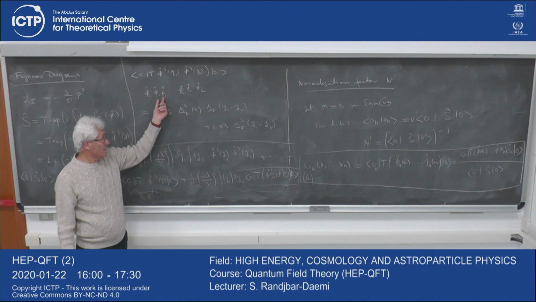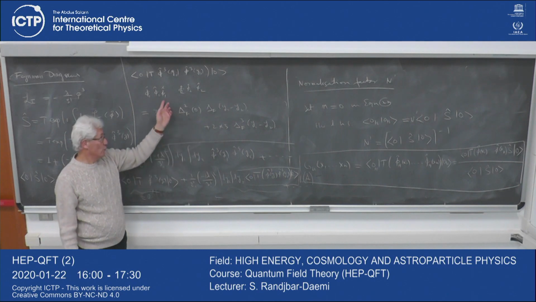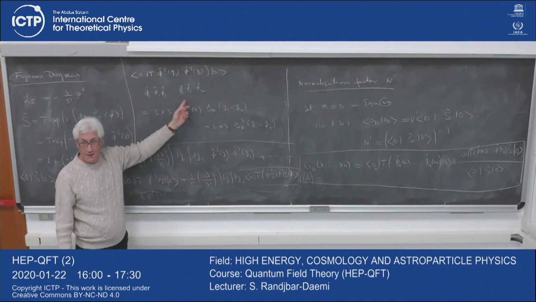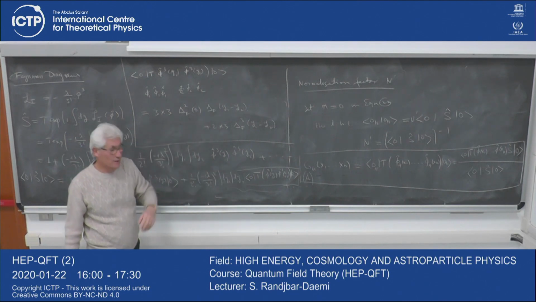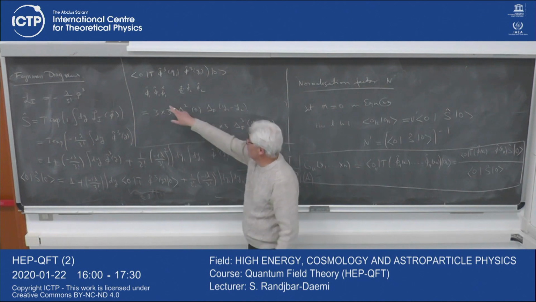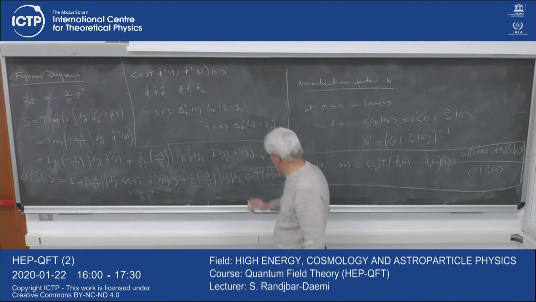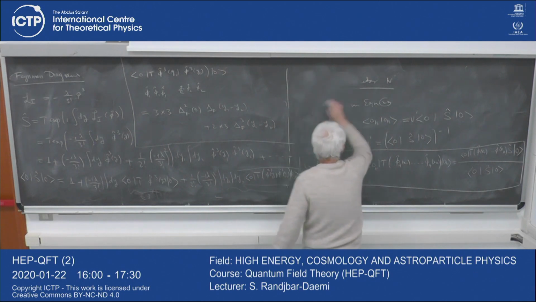If you contract among the fields in this set, it will give you just delta Feynman at 0. When you contract one from here, one from there, it gives you that term, with 2 different arguments. Likewise in the lower one, there is no self contraction. Therefore, you get only that. Good.